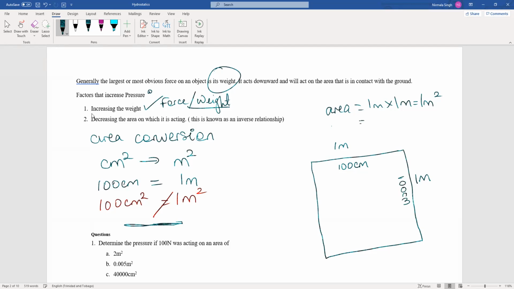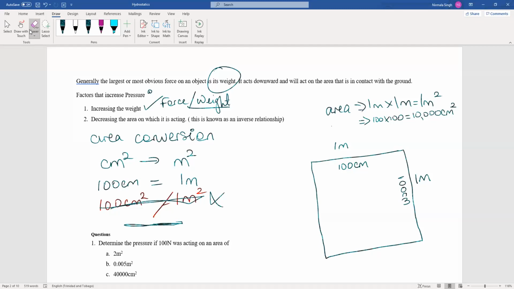Our area is going to be 100 by 100 to give us 10,000 centimeters squared. So this is how 1 meter squared is not equal to 100 centimeters squared, because that is way too small of a space when you compare it. So this is obviously going to be wrong.